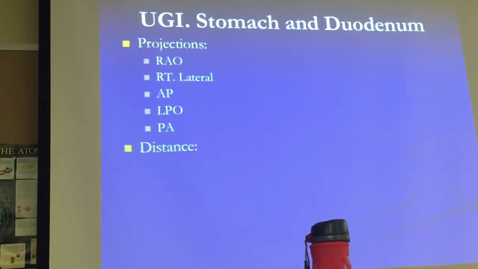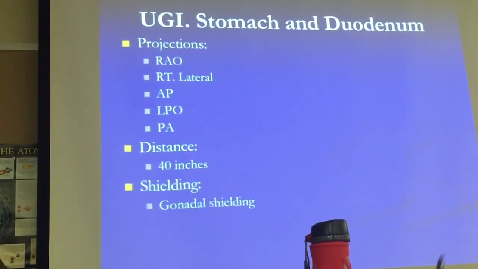For all of them, the distance will be 40 inches. Shielding, it could be possible, especially gonadal shielding. A lot of times though, because you're having the patient turn around, especially if you're in fluoro, you turn them around, move up, move out, so the lead shield can cover them.